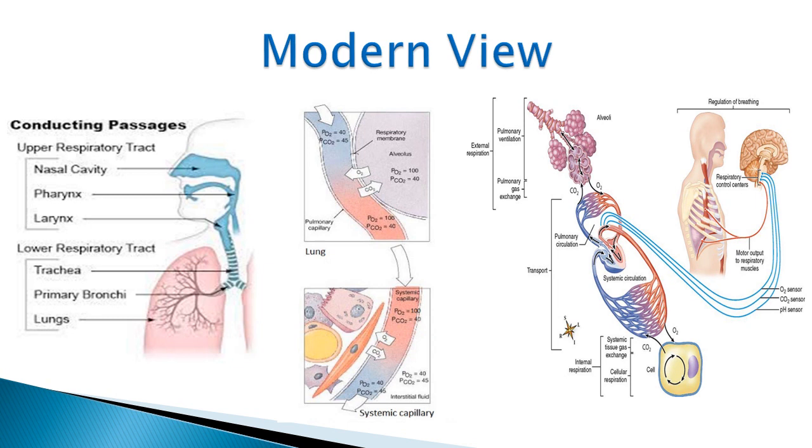That motor impulse is conveyed by the motor fibers. What are the motor fibers? The motor fibers are the intercostal nerves and phrenic nerves. Through these nerves, they stimulate or inhibit the target according to body need and the respiratory process.